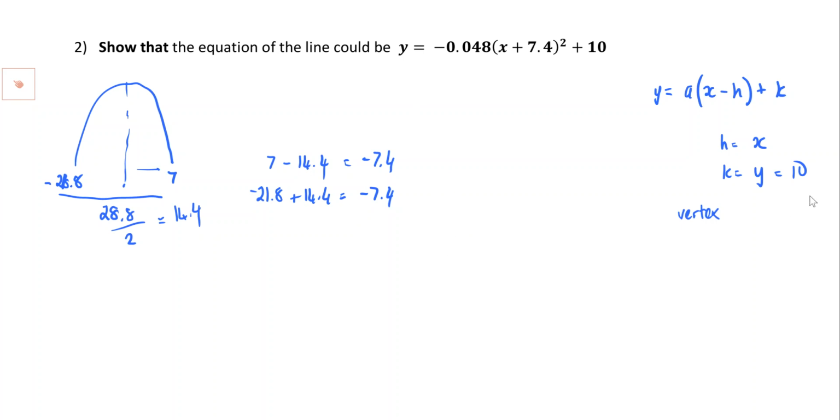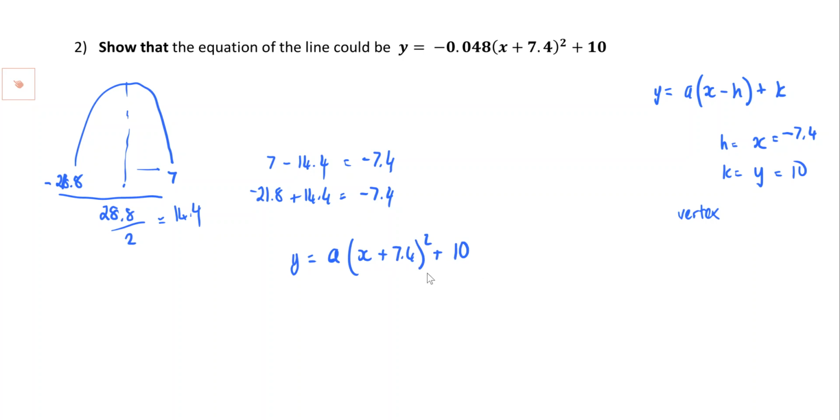All right. So then we can say, well, that is negative 7.4. So then we can start with y equals a times (x plus 7.4) squared plus 10. You could put minus, but don't worry about that.